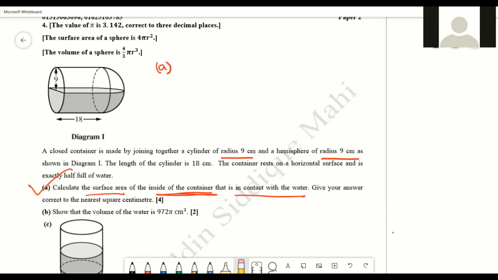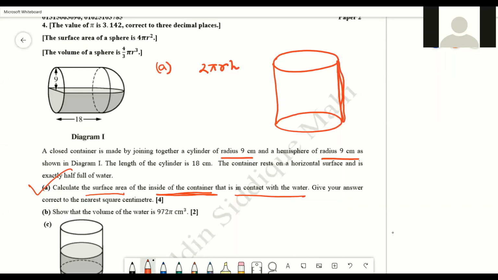In the case of a cylinder, what's the formula of the surface area? It's 2 pi RH, and it's actually the surface area of the curved surface.